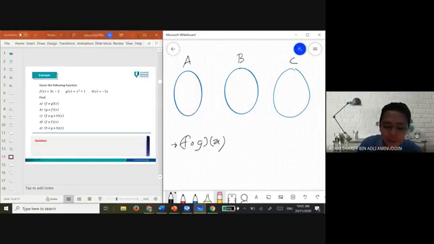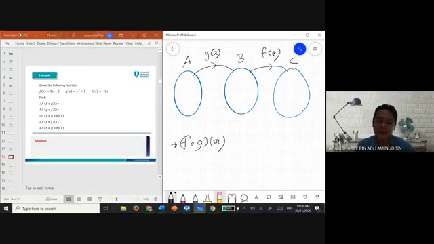Okay. A assigned to B, assume that this is GX, and from B to C is FX. A to B is defined as GX, B to C is defined as FX.